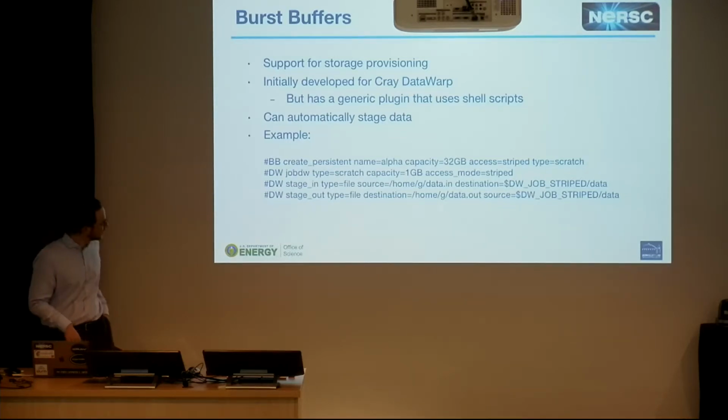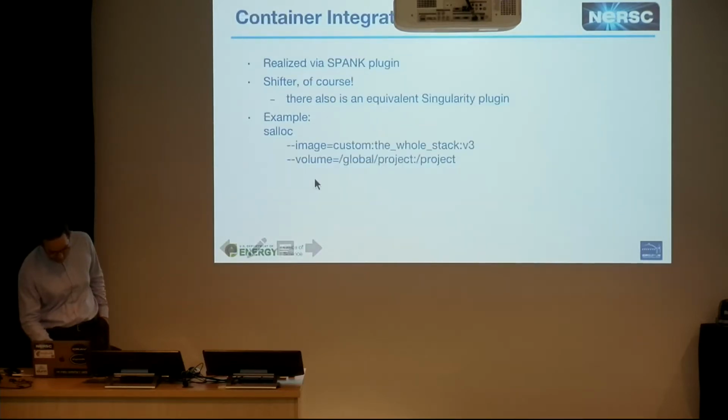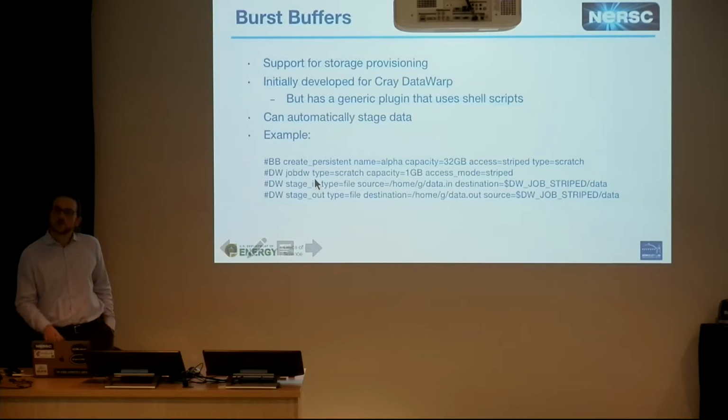So I think that's not very readable, sadly. But those are directives you put into your job script, and BB is for burst buffer and DW is DataWarp. So the first line sets up.